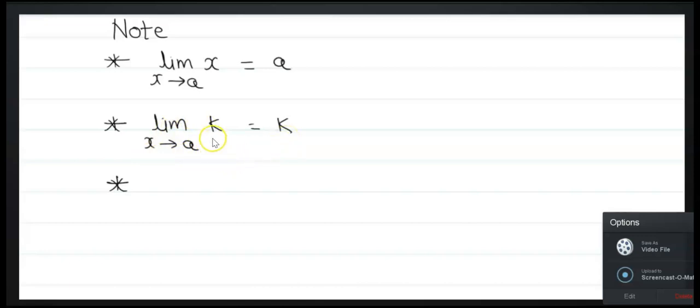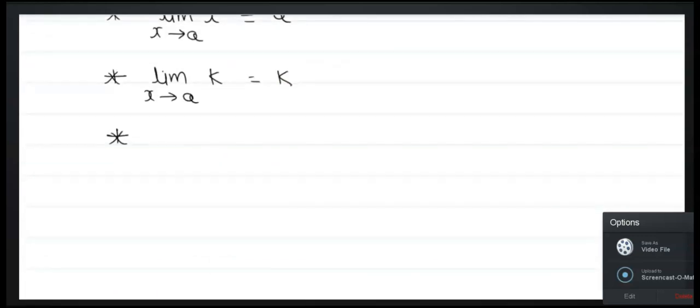That is, the limit of a constant is always constant. For example, if in the place of k we take 5, then the answer is 5. The limit of 10 as x tends to a, the answer is 10. That is, the limit of a constant is constant.